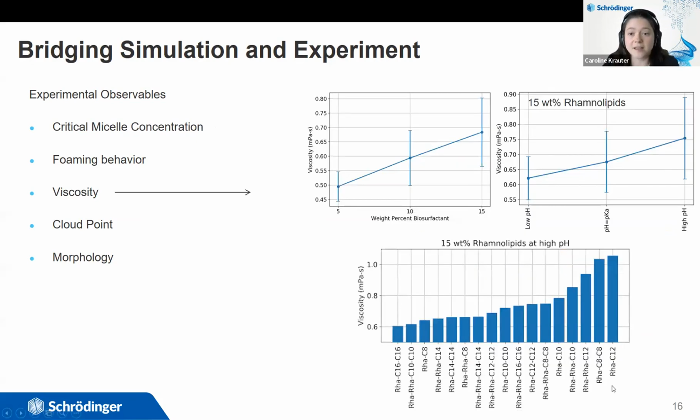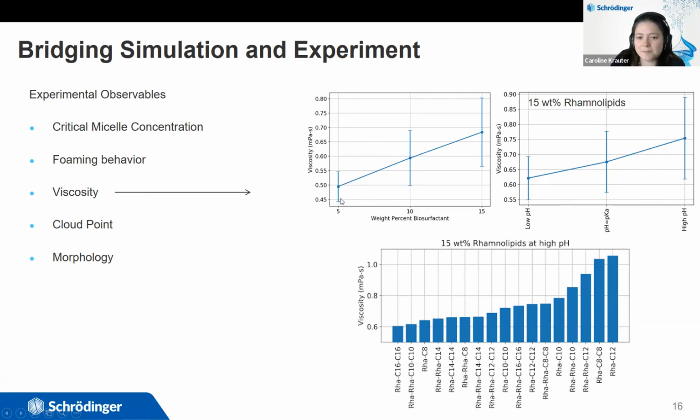Then viscosity: we used here our workflow that we've implemented for extracting shear viscosity based on the Green-Kubo integral. So we are integrating the pressure tensor autocorrelation function to obtain the shear viscosity. The plot here on the top left corner is showing the viscosity trend with the weight percent biosurfactant. This is averaging actually over all the systems and all the conditions at 5 weight percents, all pHs, all dirhamnolipids, and 10 replicates each.